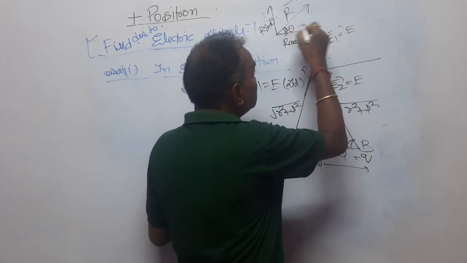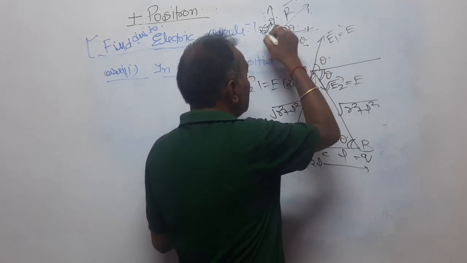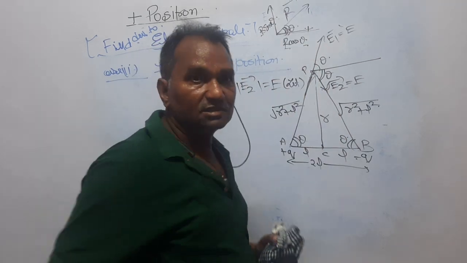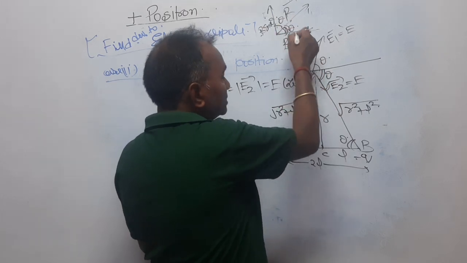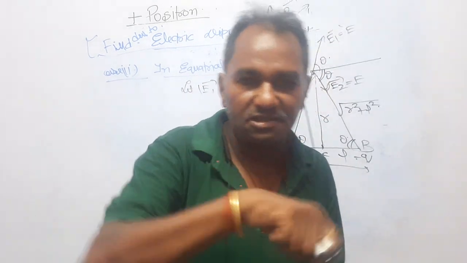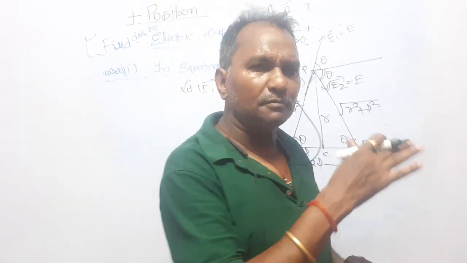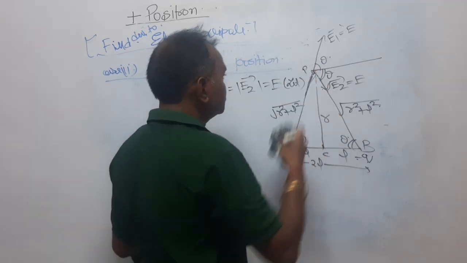So the component close to, adjacent to the angle is cos, and the perpendicular component away from the angle is sine. Simply, if this angle is theta, then this is cos theta and this is sine theta. So the component which is close, adjacent to the angle, that is cos, and the component away from the angle, that is sine.